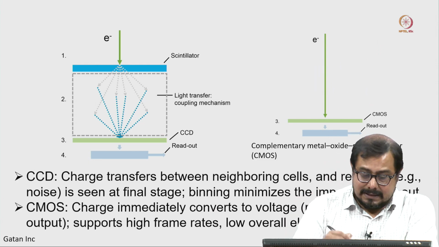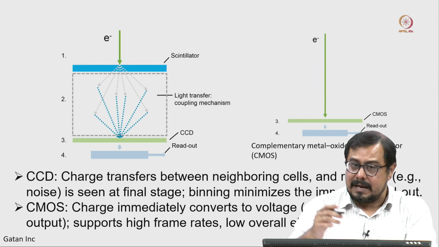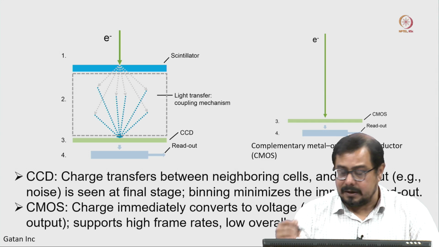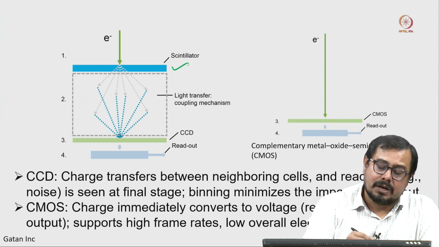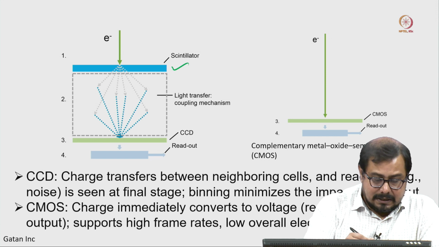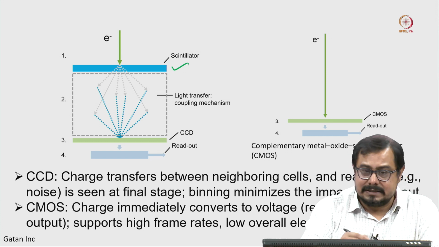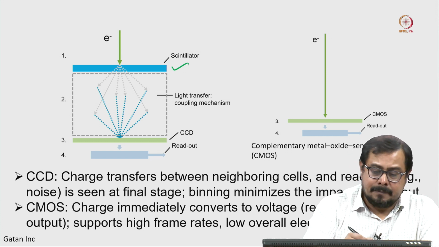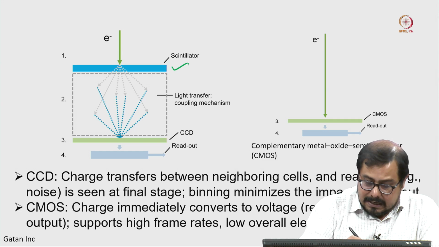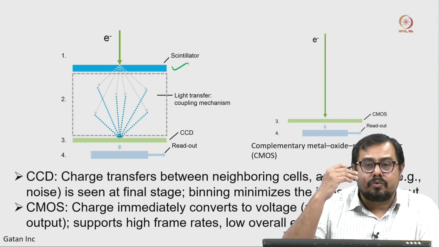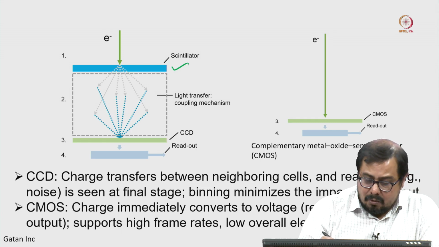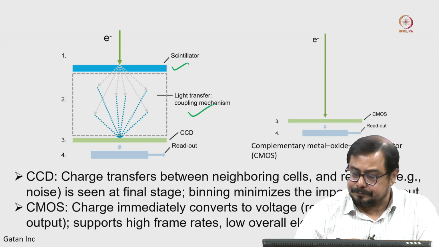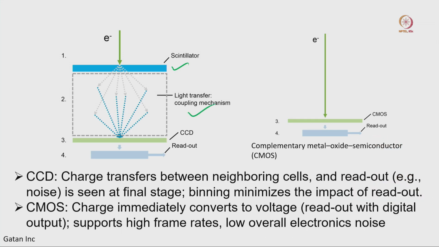Now in this one it will be much clearer how the signal is transferred. Here you can see the scintillator, which converts the electron to photons, and they travel in different directions. When they travel in different directions, it is not recording directly, so the chance of noise is much higher. Then we go through the light transfer, then it is recorded, and then we get the readout.